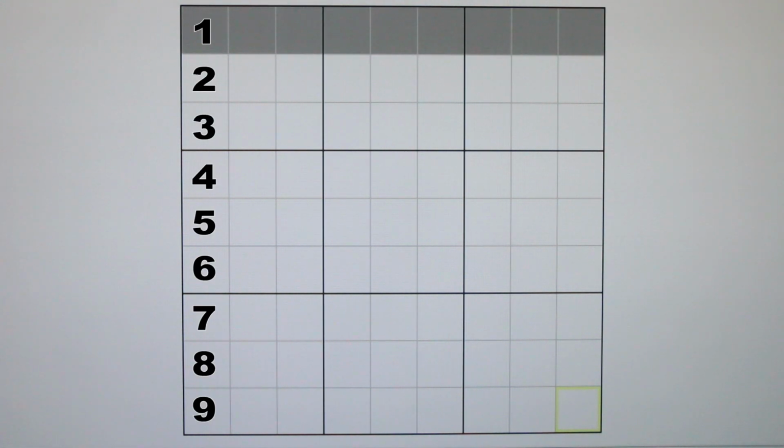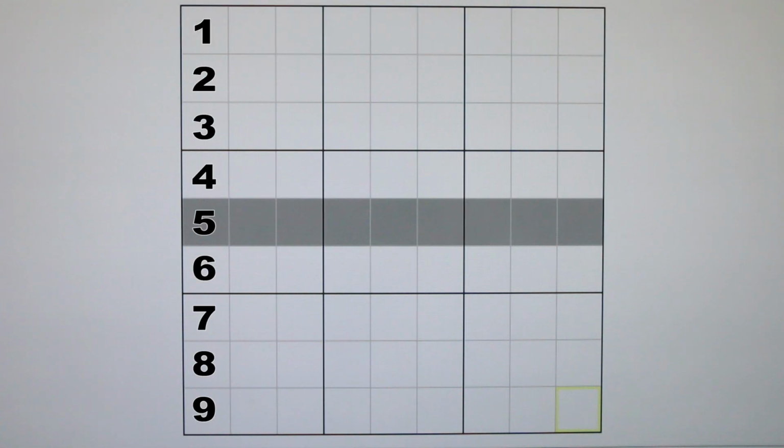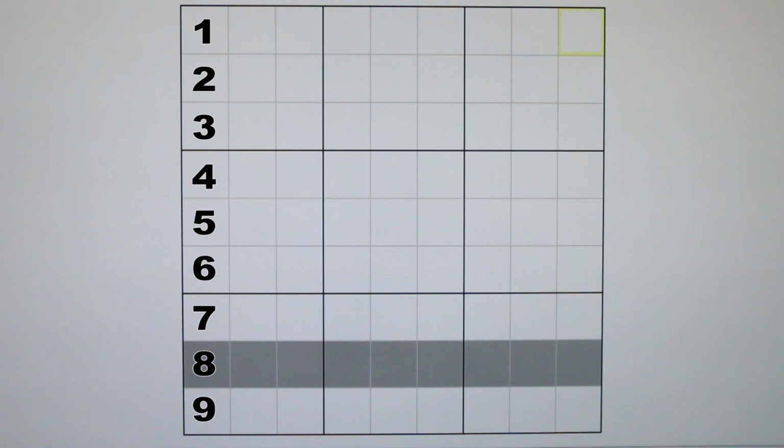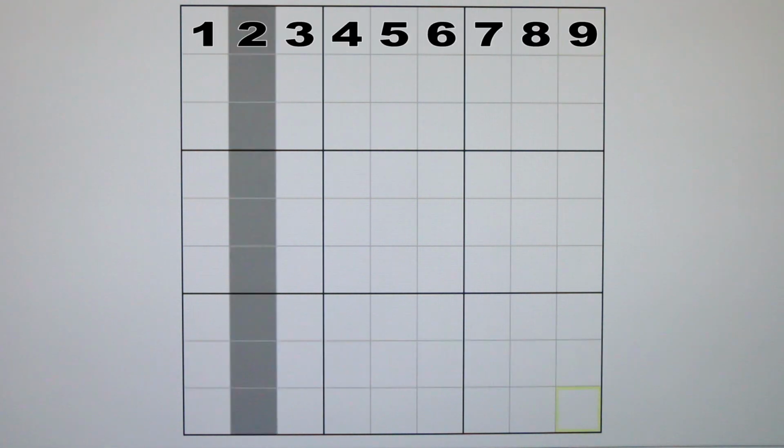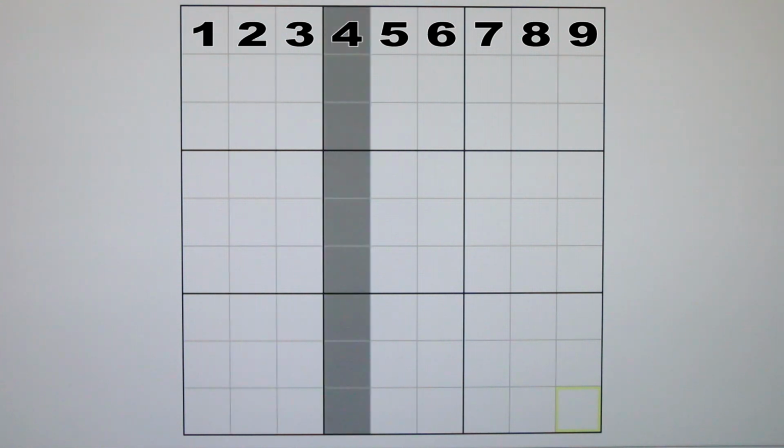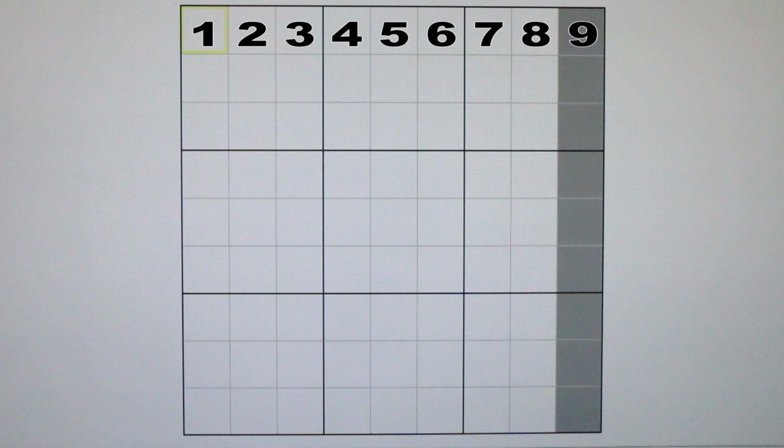So this is row 1, this is row 5, and this is row 8, for instance. And this is column 2, and this is column 4, and this is column 9, for instance.